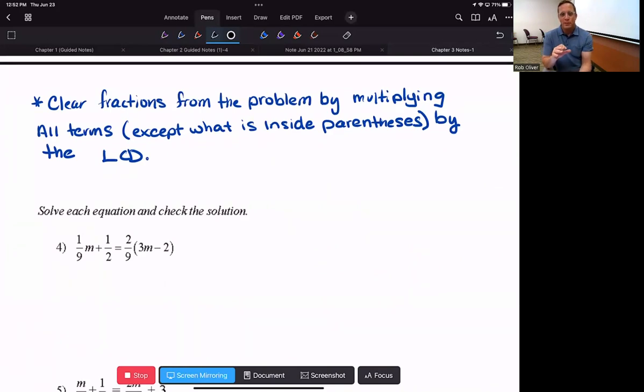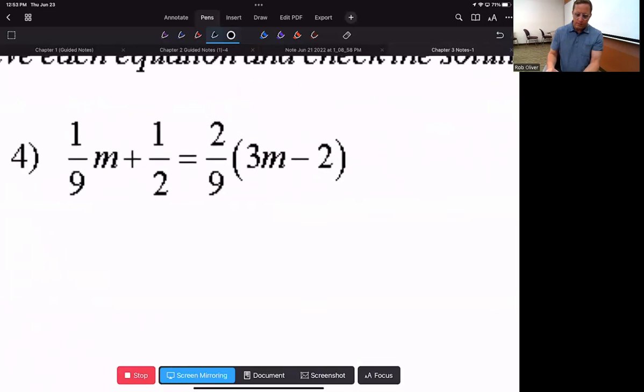Don't touch it. Sometimes my students say there's a force field around it, so it's not going to be affected by the multiplying of the LCD. And you're going to multiply every single term, not just fractions, but every term except what's inside parentheses. You're going to multiply everything by the LCD. So that's what we're going to do.